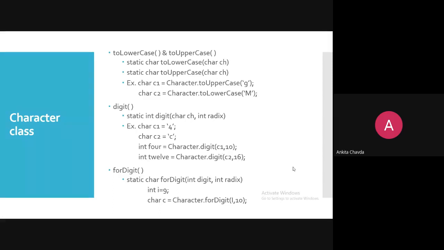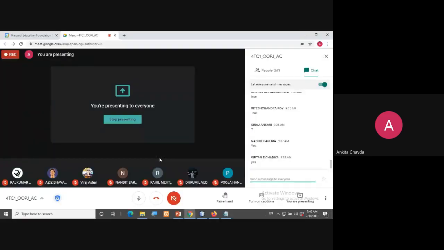So I am giving radix 16. So that will be converted into integer as 12. Fine. So any doubt in this? Yes or no? Any doubt in this? Okay. Fine. Good. Very good.